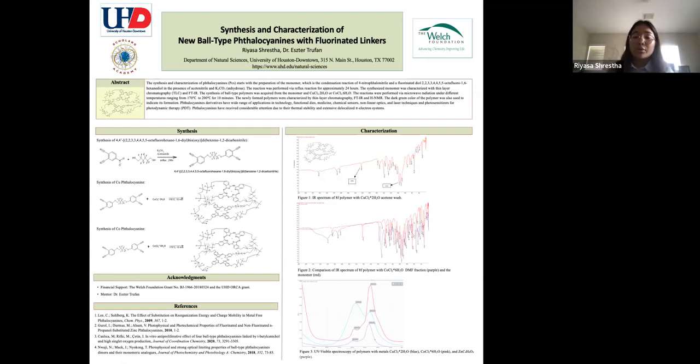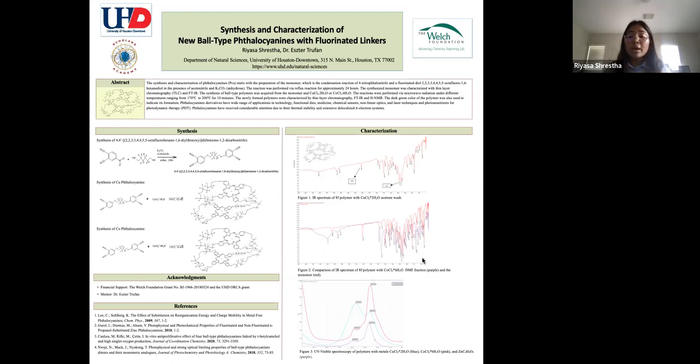I used copper chloride and cobalt chloride to make my ball type phthalocyanines. We can see the locations of the peaks are very similar because of the general structure of phthalocyanines. As we can see in the reaction, the structures are very similar. It's just because of the type of metal that there's a slight shift in the peaks.